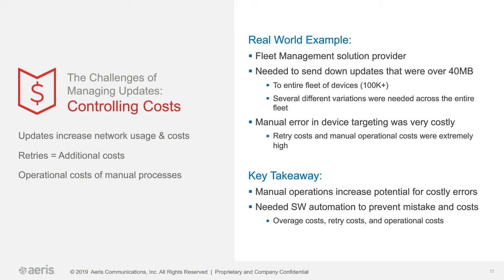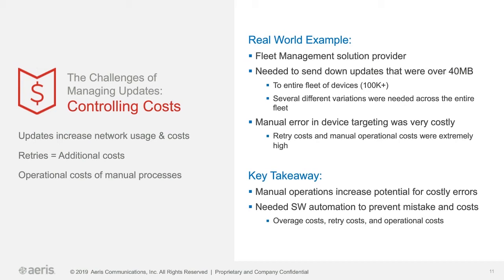The real issue was that over the course of the previous couple of years, they had deployed a couple of different types of devices. Some of them were working on one operating system, and some of them were working on a different operating system. So they had to send down the right 40 megabyte update to the right devices. Operating system 1 had to get its update, and operating system 2 had to get its own.